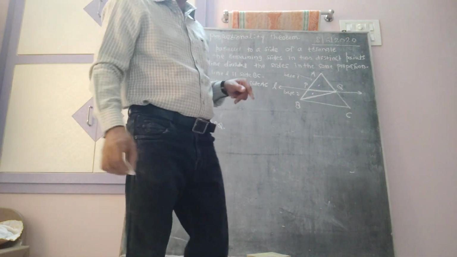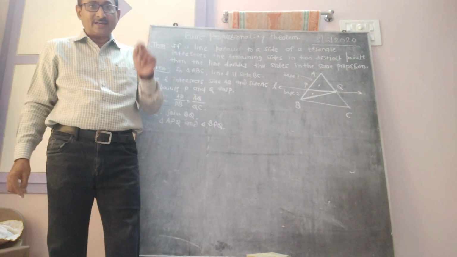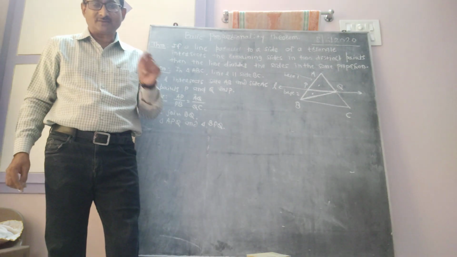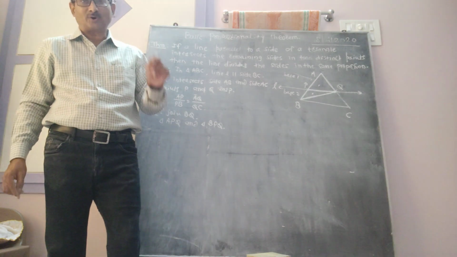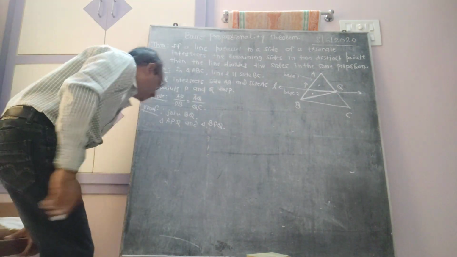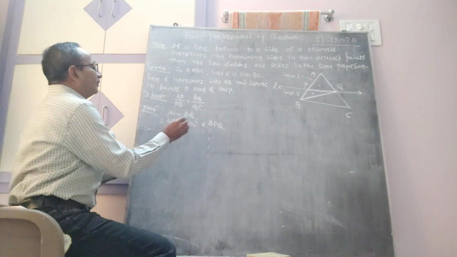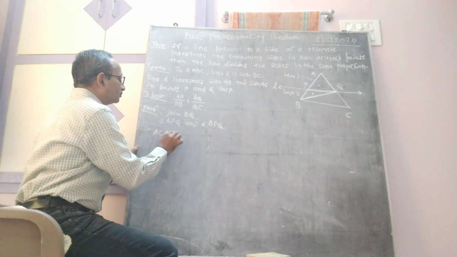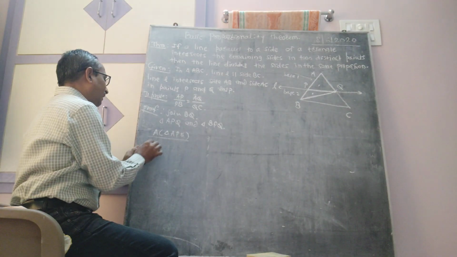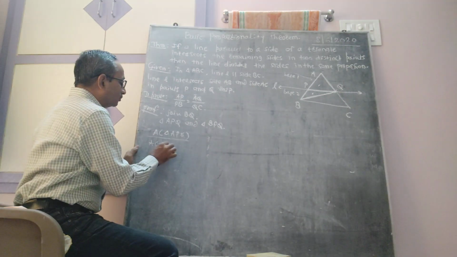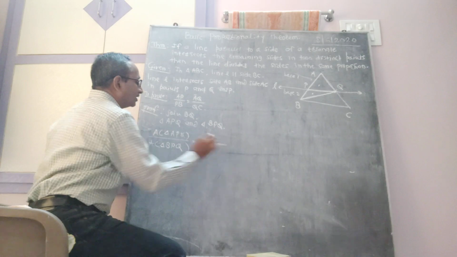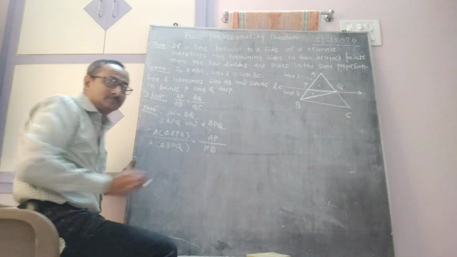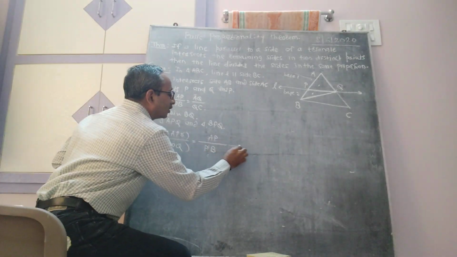Last time we had seen that for two triangles having equal height, the ratio of areas of such triangles is equal to the ratio of their corresponding bases. So by applying this property, area of triangle APQ upon area of triangle BPQ is equal to AP upon PB.